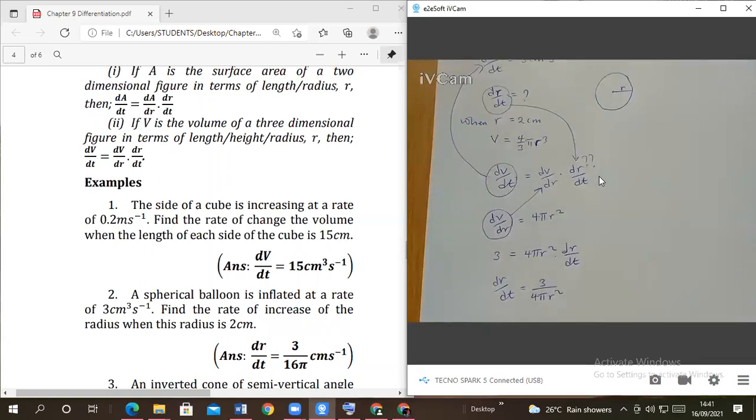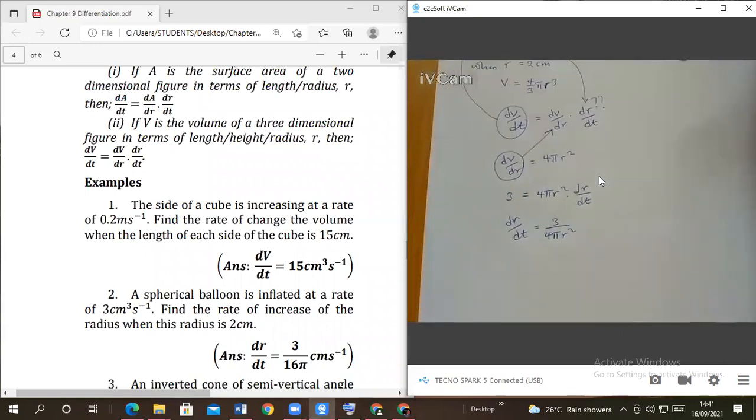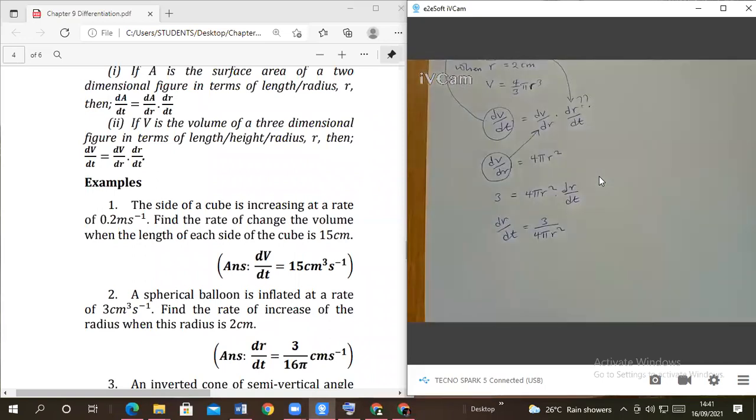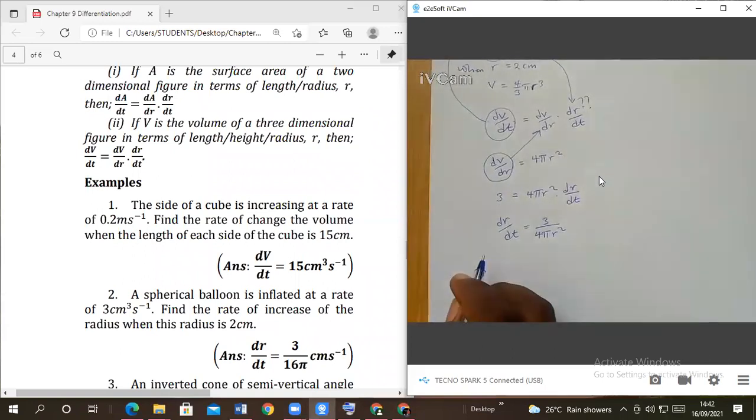Yes. All right. That is good. So that is the final formula we're going to use to find our dr dt. And the dr dt, they want the rate of change of the radius.